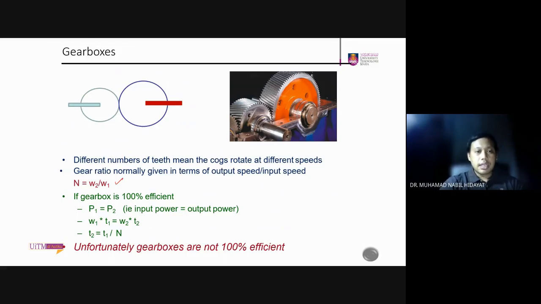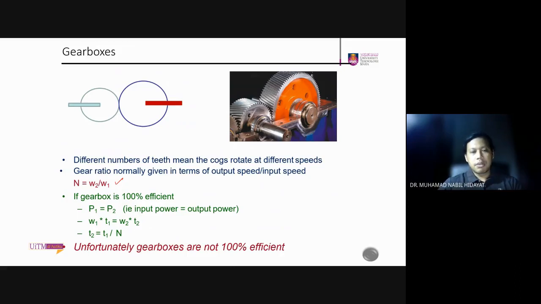That is if the gearbox is 100% efficient, so power in equals power out. So speed 1 times torque 1 equals speed 2 times torque 2. Then torque out is equal to torque 1 over the ratio.